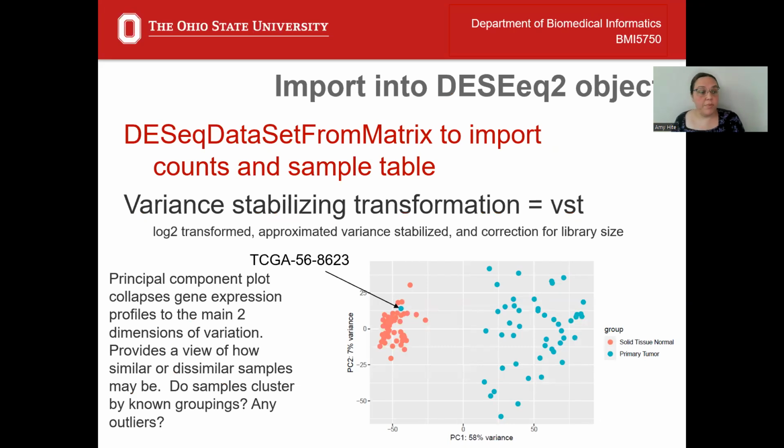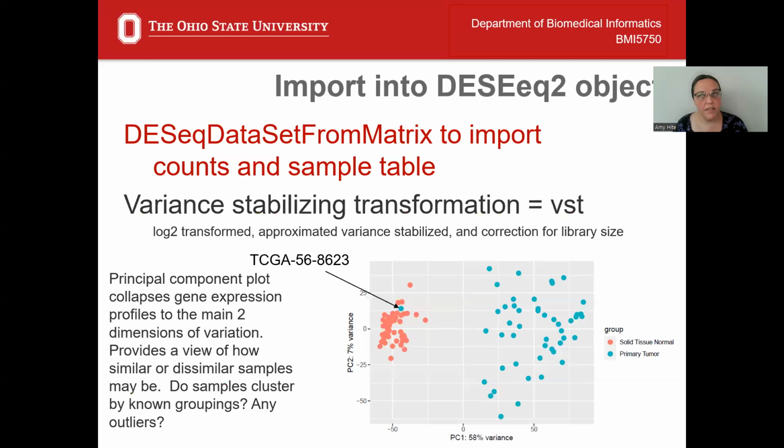So in our script, which we'll go over later, we import the data into our DESeq2 object, we normalize it, we process it. The first thing we're going to do is apply an additional stabilizing transformation just to get the expression values out so we can look at the principal components plot.